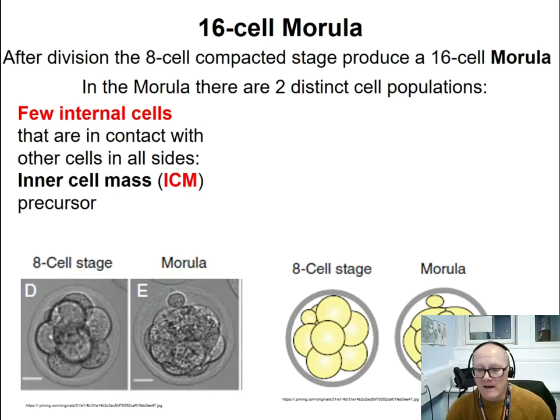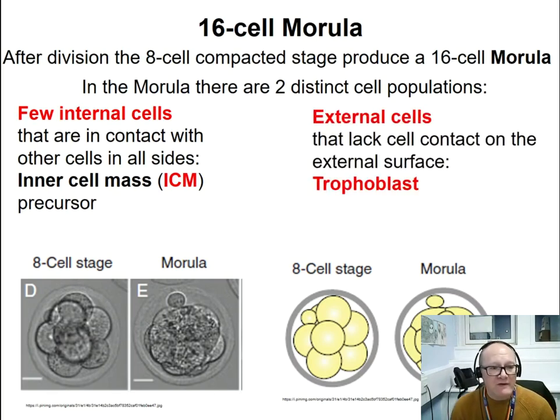The inner cell mass are the only cells in the embryo that are going to produce the fetus later on, while the other cells that are not part of the inner cell mass are going to produce tissue that sustains the growth of the fetus later on. The rest of the cells that are not part of the inner cell mass are called the trophoblast. The trophoblast are the external cells in the 16-cell morula embryo.